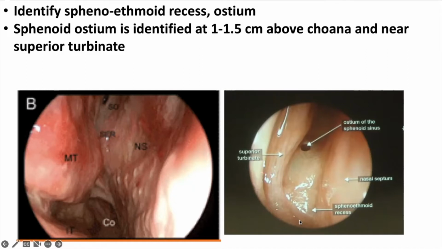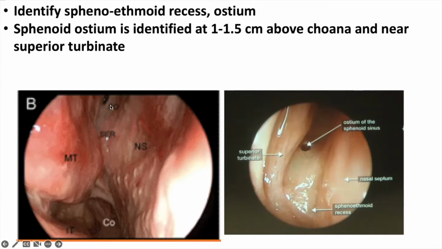So go into the spheno-ethmoid recess, and just by the lateral side of the nasal septum, you will find the ostium. If it is not being visualized, you can also create the ostium about 1 centimeter above the roof of the choana.